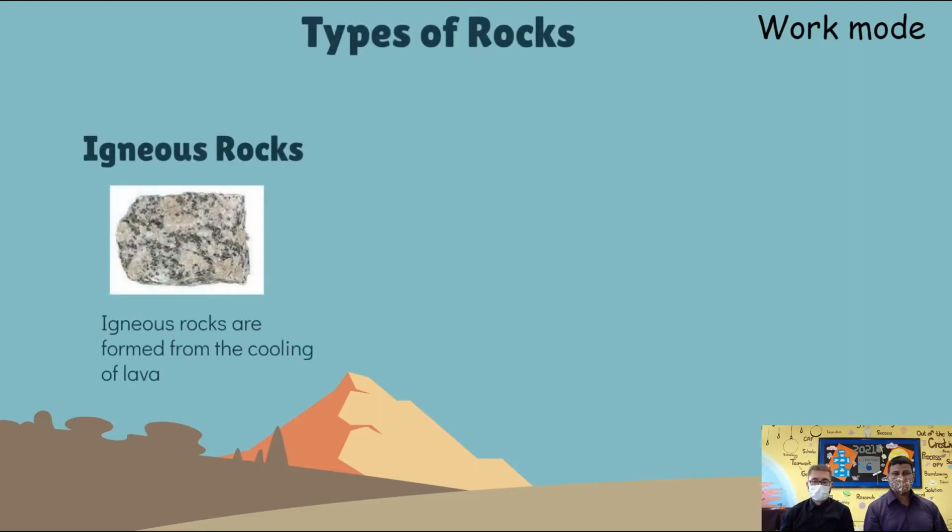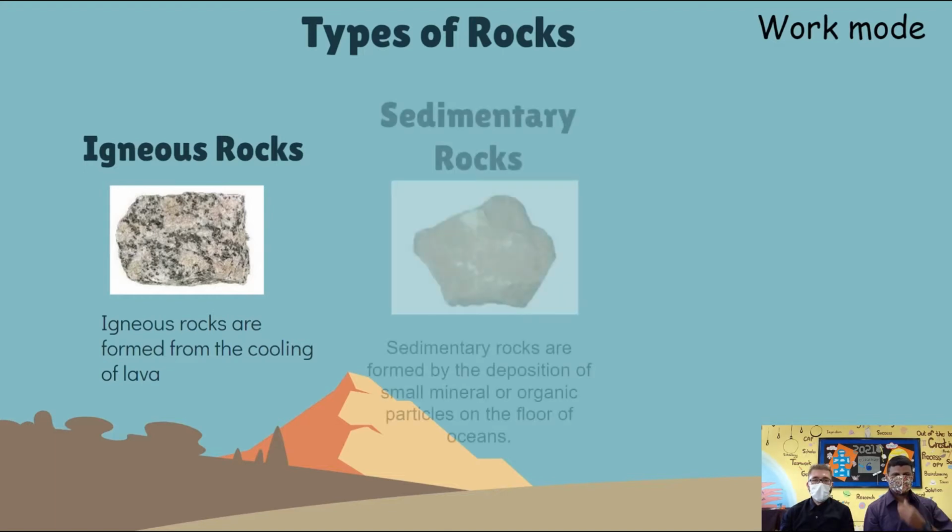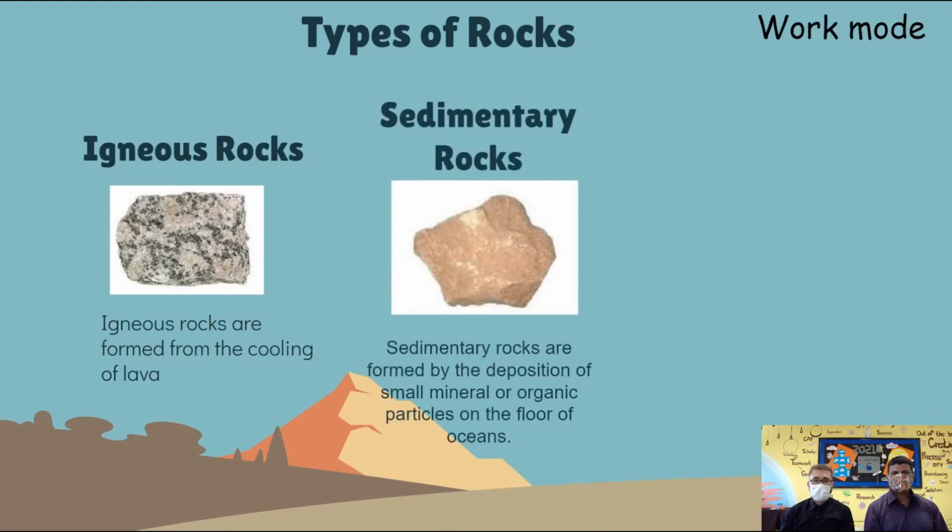So the types of rocks, the first one is igneous rock. So when you have a volcano that erupts and the lava comes out and then melts, it forms igneous rocks. Then the sedimentary rocks. Sedimentary rocks are formed by the deposition of small mineral or organic particles on the floor of oceans, under the water.